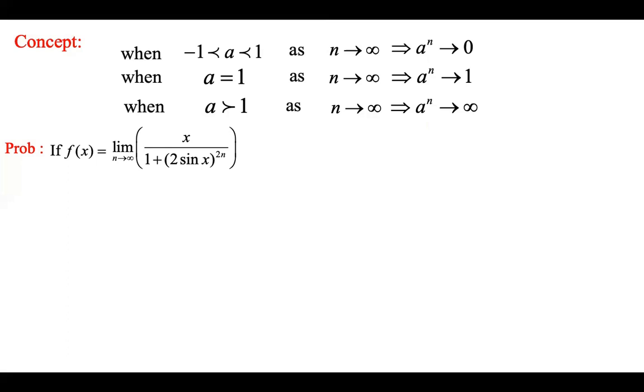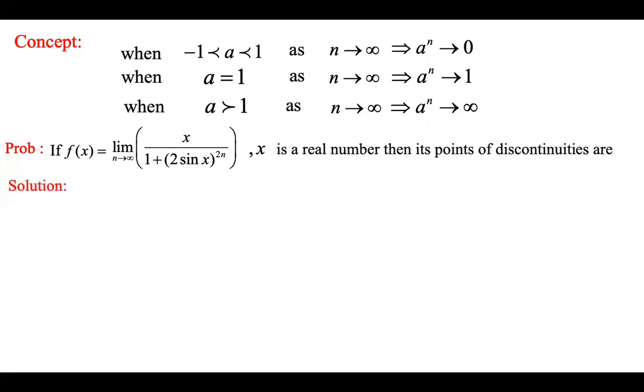Here, to use the above concept, the important point is that as x is a real number, we are asked what its points of discontinuity are. Now the solution is that, to compare with the above concept, always when a problem is given like that, we are supposed to find when a to the power n will become 1, where we break.